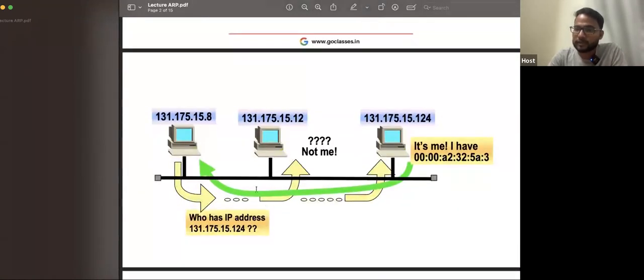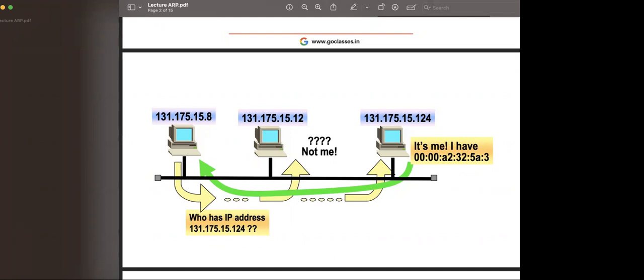Suppose, for example, that this is the host that wants to send to this IP address. It will send its packet, let's suppose, to this particular host. It doesn't know the MAC address. It will say, I know the IP address, but I do not know the MAC address, so please tell me the MAC address.